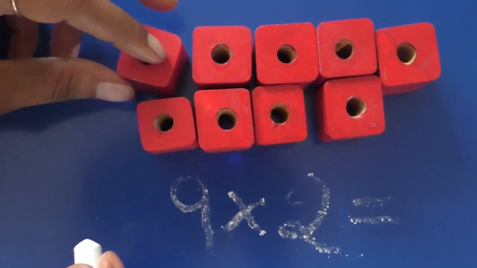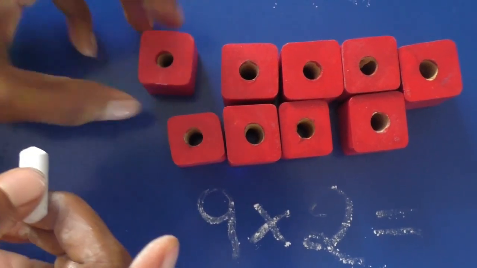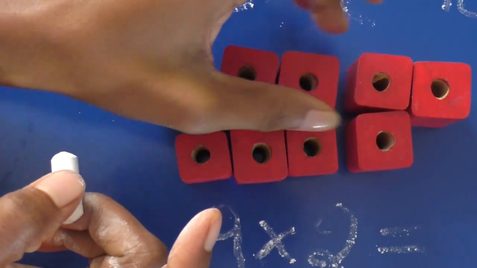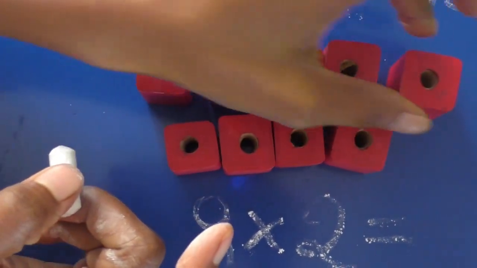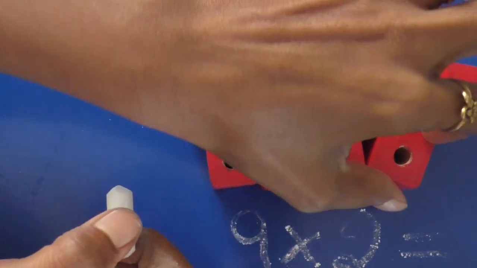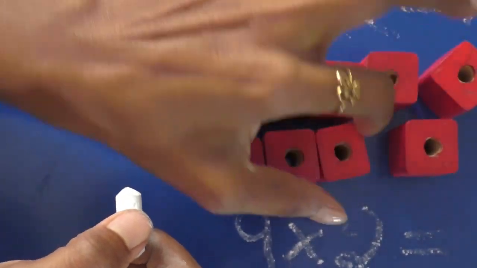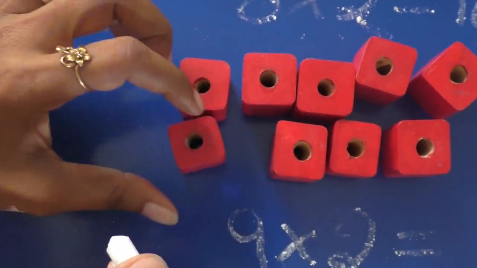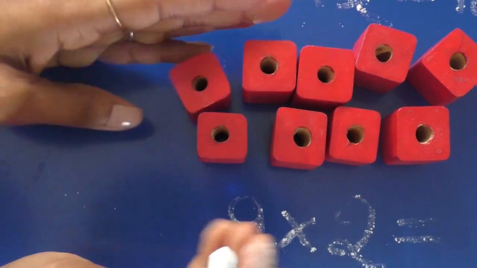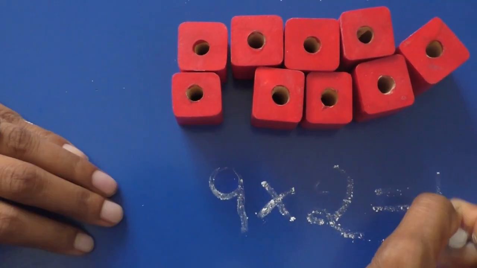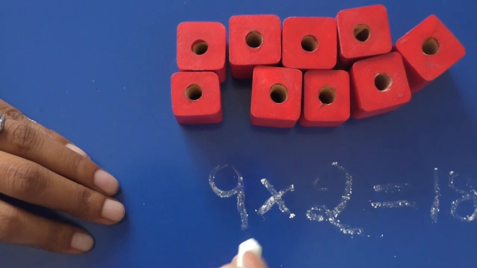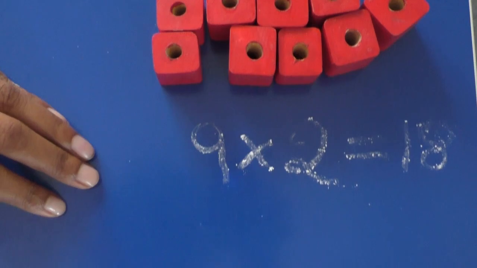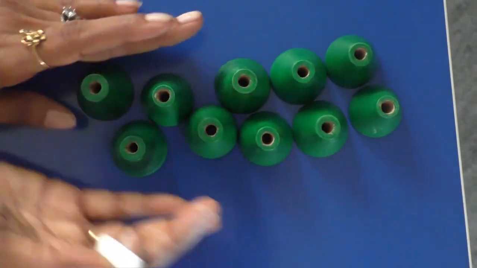So what's the product? 1, 2, 3, 4, 5, 6, 7, 8, 9, 10, 11, 12, 13, 14, 15, 16, 17 and 18. So we have 18 holes here. So 9 into 2 is equal to 18. Now the last one, 10.